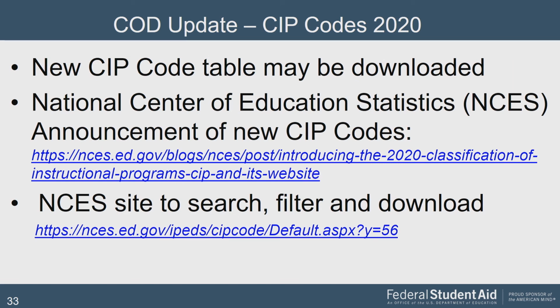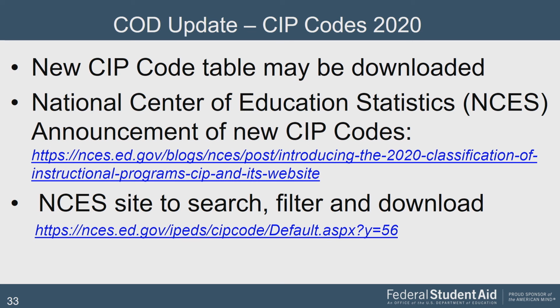There's something very different about the rollout for the 2020 CIP codes. They were not announced through a Federal Register notice like they normally are. They were actually announced in a blog post, which was a new one for me. I've been doing this for a very long time, and I don't think I've ever had to reference an official blog post before, but that's how they were announced.